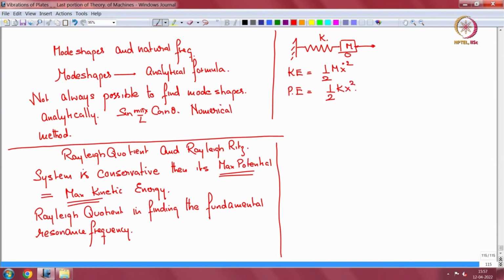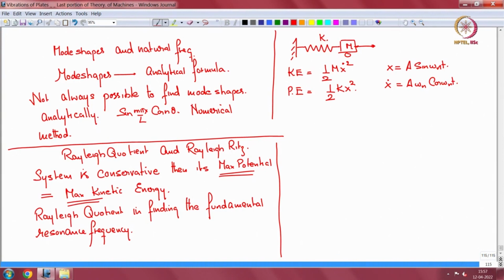Let us say x, the displacement, is some a sine omega nt, then x dot is equal to a omega n cos omega nt.